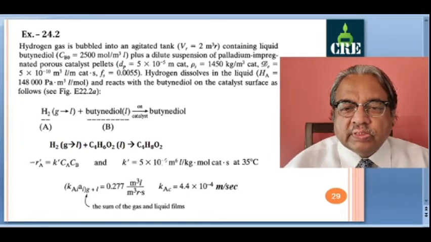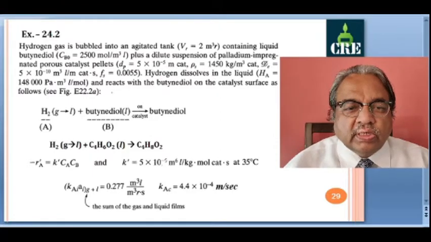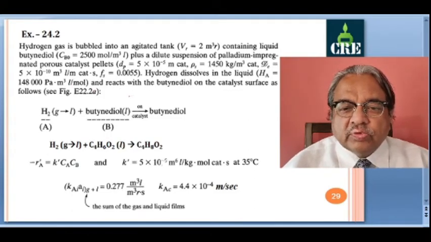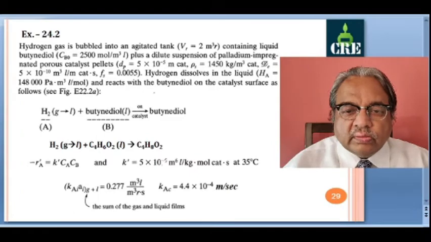Diameter is given, density is given, diffusion coefficient is given, solid loadings is given. Hydrogen dissolves in liquid with Henry's law constant 148,000 Pascal meter cube of liquid per mole and reacts with the butanediol and catalyst.